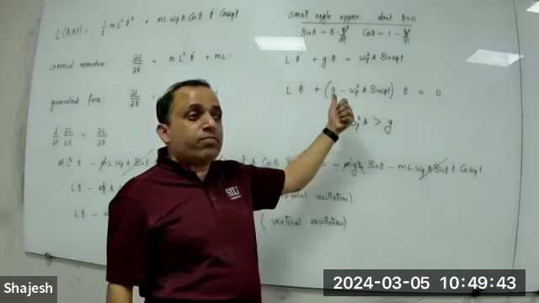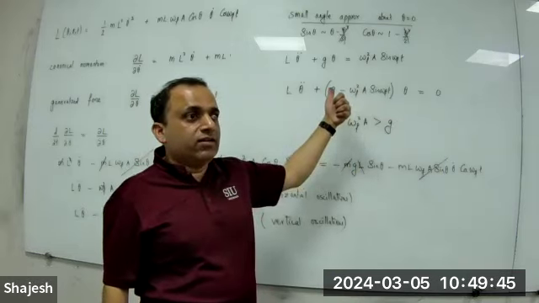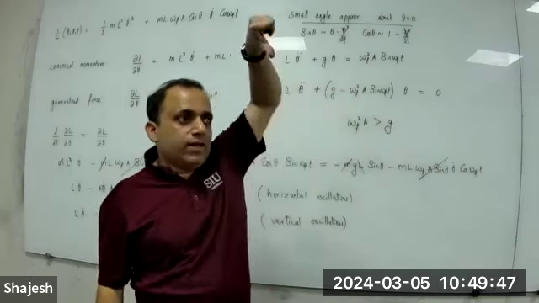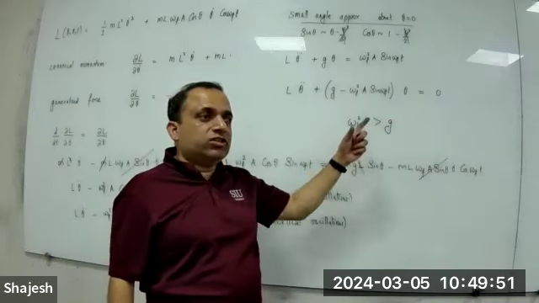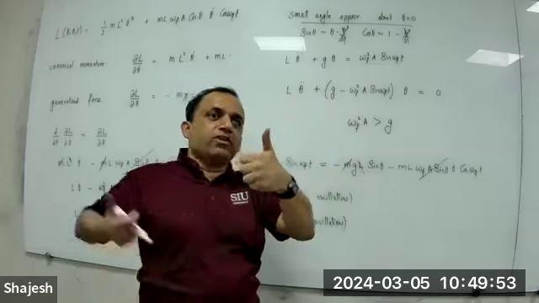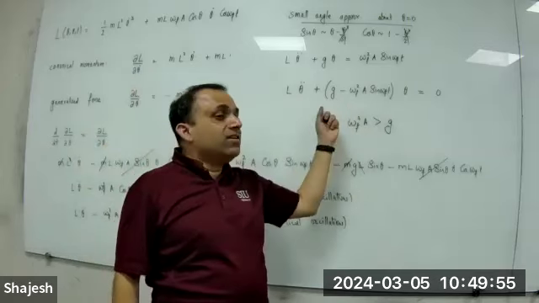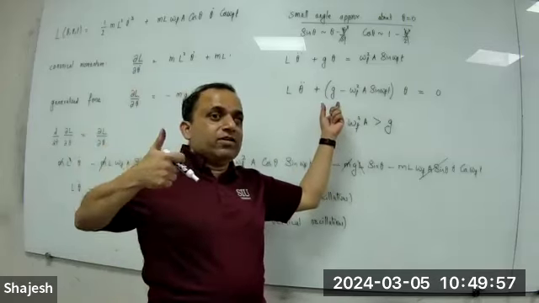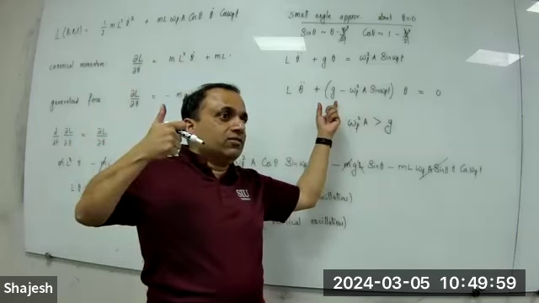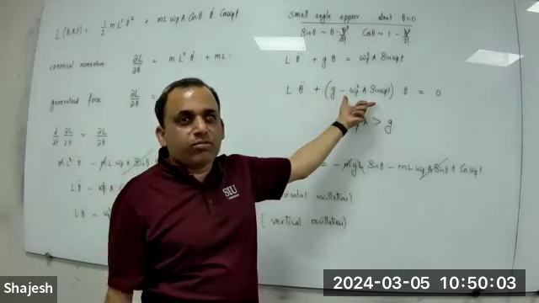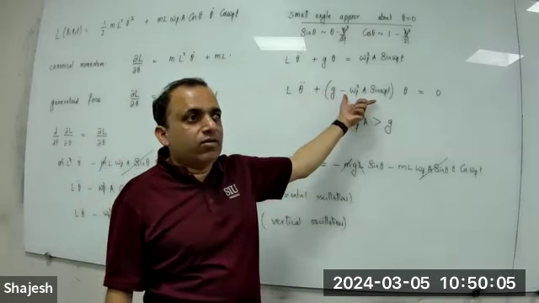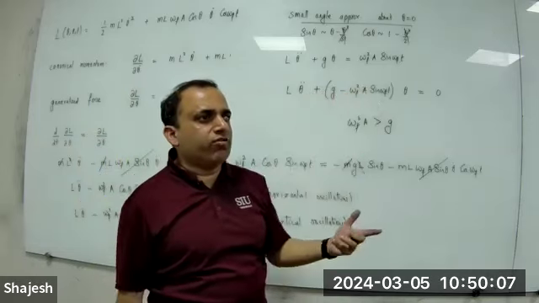That means it will flip the direction of gravity. Things get stable in the direction of gravity. If this is larger, then effectively gravity is negative. It's in the upward direction. So that's why you have an inverted pendulum concept coming in.